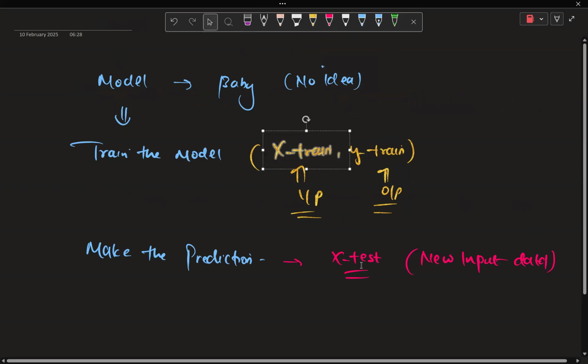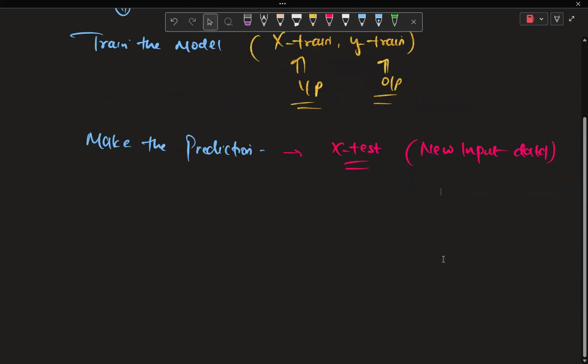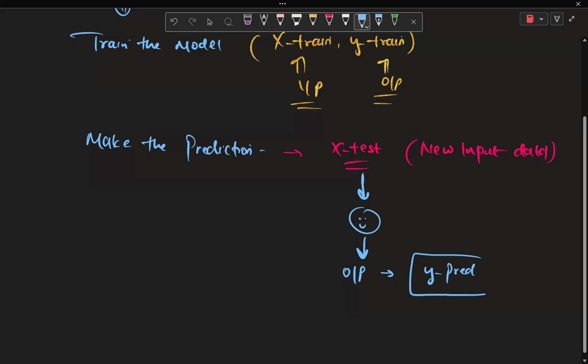Training input. So it will be new data for your model, right? Yes. So when your model receives the new input, it will give the output. Your model takes the input, then it produces the output. That output you will store in y_pred. What is y_pred? Predicted output.